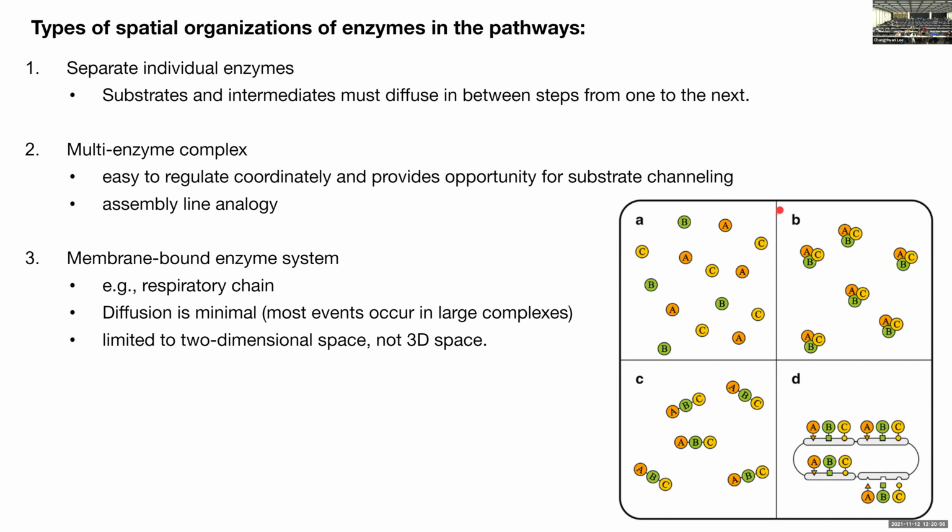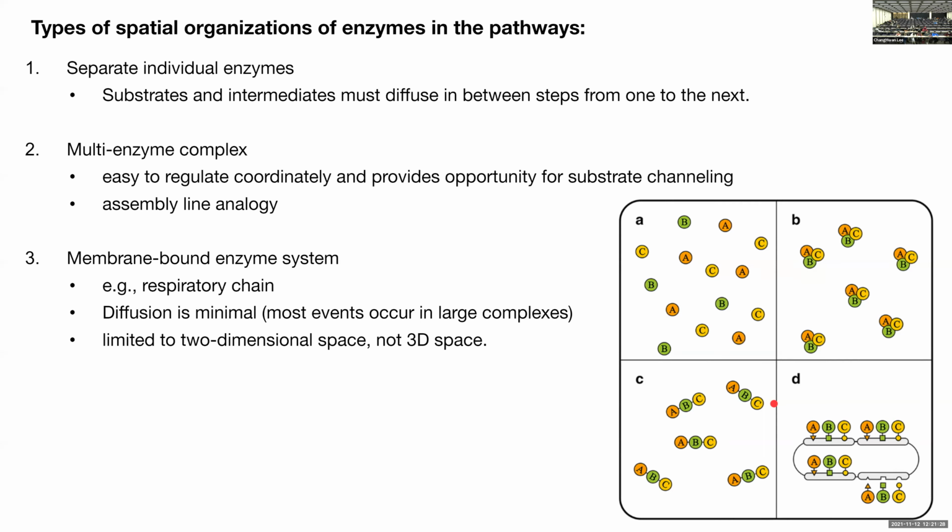So the advantage of having this complex is that it doesn't have to wait until the certain intermediates come to the other enzymes like B or C by diffusion, but it can create a substrate channel, again working as a sort of conveyor belt, where the molecule stays inside the complex of the enzymes and it will process it in a much faster fashion.